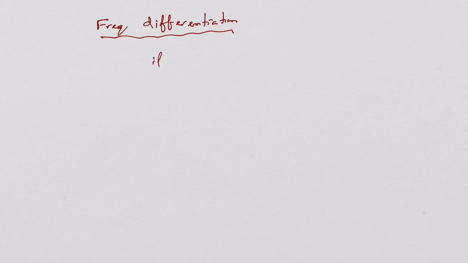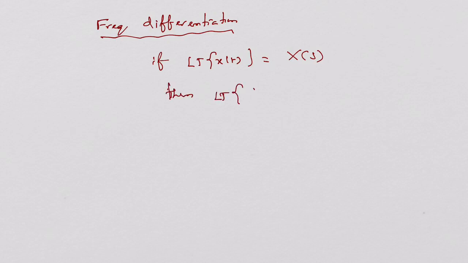If you know the Laplace transform of a signal x of t is equal to X of s, then if you are asked to find the Laplace transform of the signal multiplied by t, modulated by t, it will be given by minus d by ds of X of s. Do you know how to prove this? Any clue? Proof.